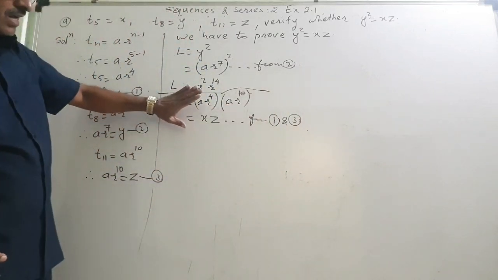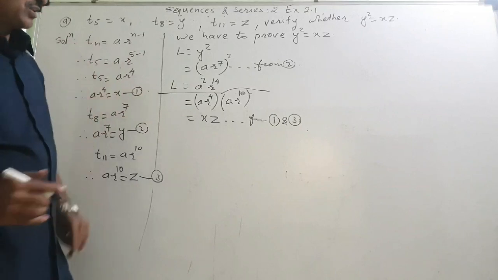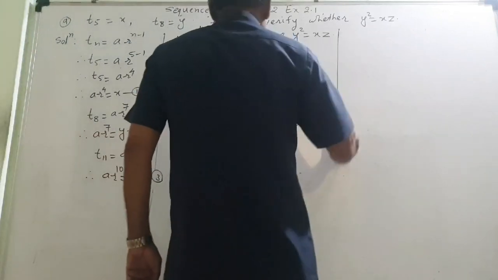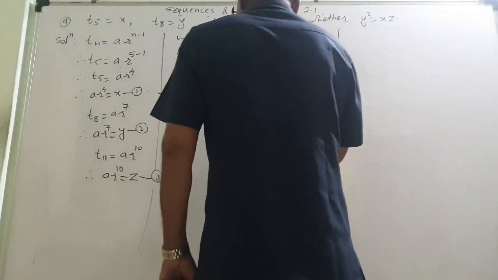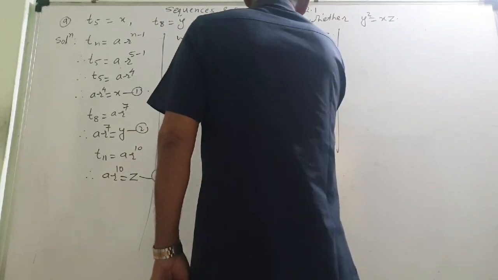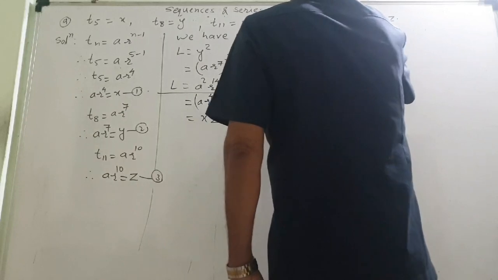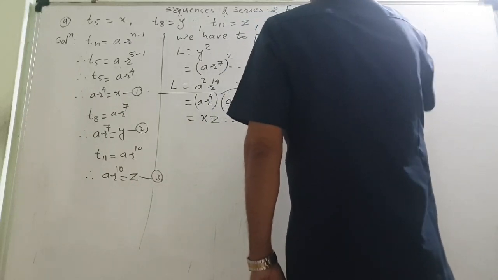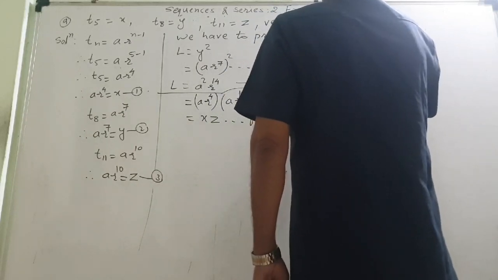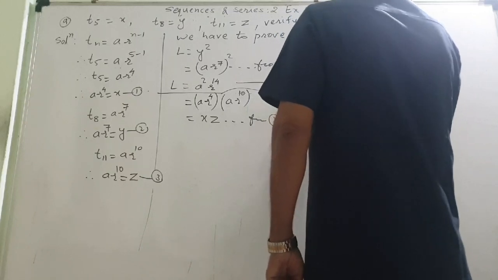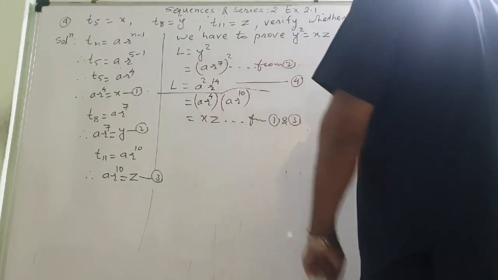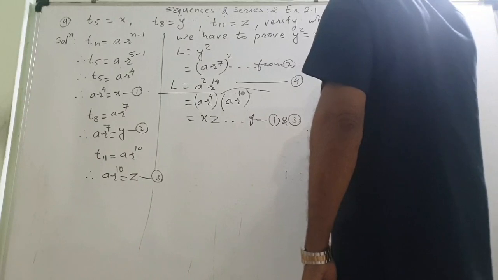If you are confused in this, then what you will do now? This I will give number 4. Now, RHS equal to xz. That is equal to, what is the value of x? ar raised to 4.